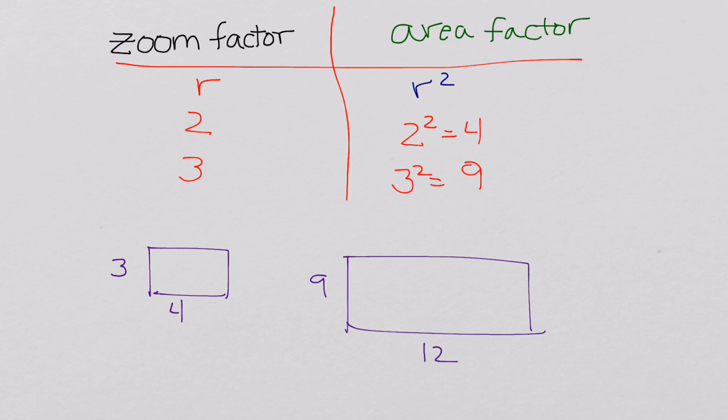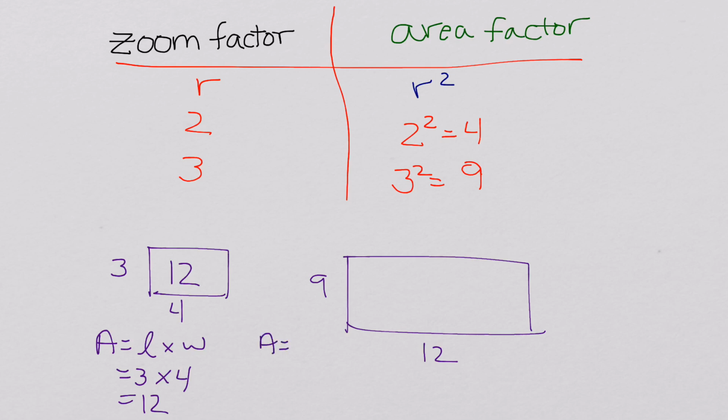Now let's test this. The area of the small rectangle is 3 times 4, right? So the area equals length times width equals 3 times 4 equals 12. So we know that the area of this is 12. Now, if I check the area of the larger shape, I can find that out as well.